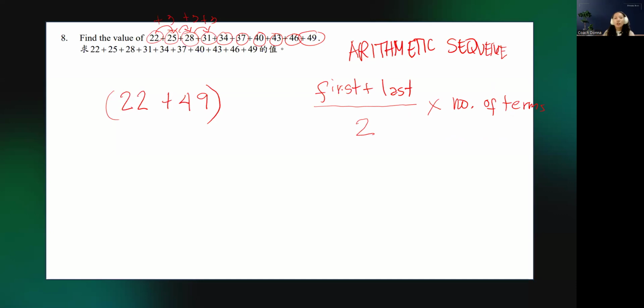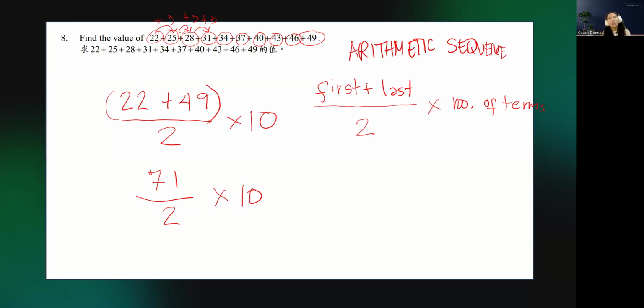All right. So the first number is 22. That's why we have 22 here. Add it to the last number. That's 49. And then divide it by 2. And then multiply it by the number of terms, which we counted as 10 because there are 10 numbers. 22 plus 49, that is 71. 71 divided by 2, multiply it by 10.